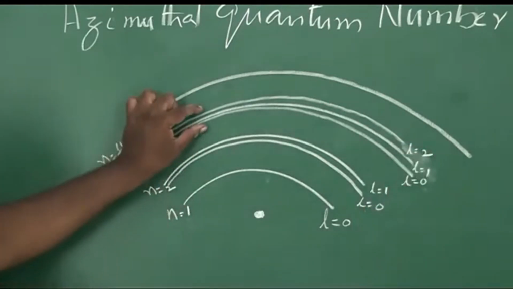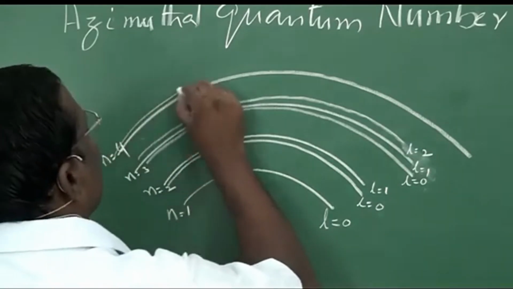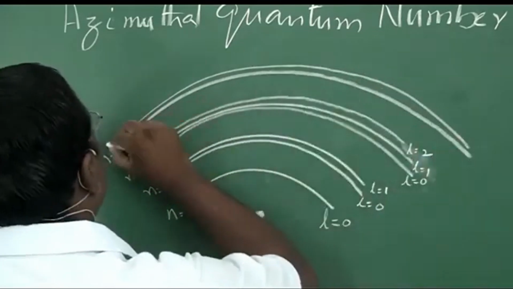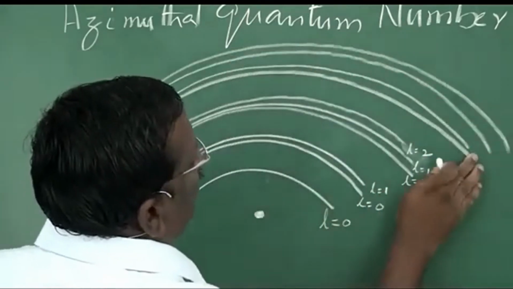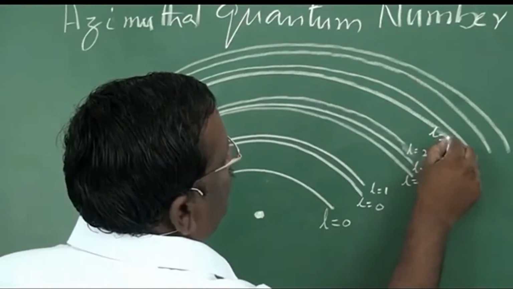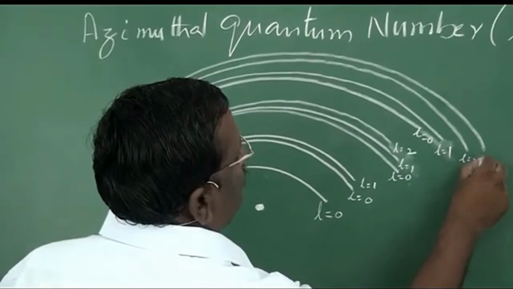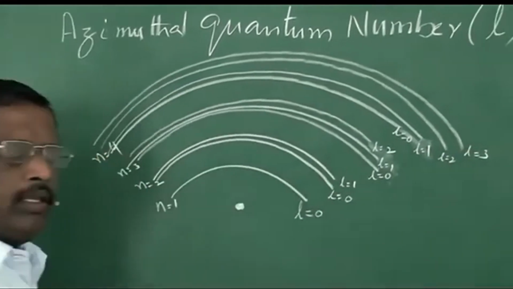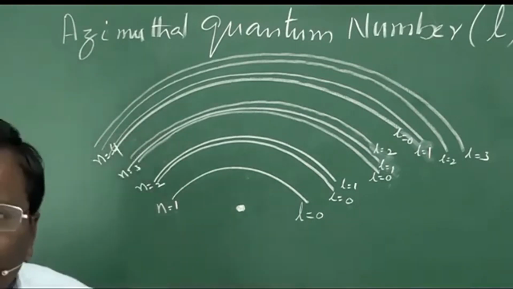In the fourth energy level, you have four sub-energy levels. They are l is equal to 0, 1, 2, and l is equal to 3. So this azimuthal quantum number gives us the information regarding the sub-energy level to which this electron belongs.